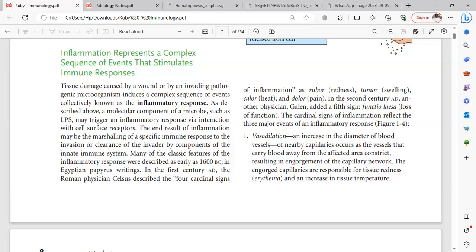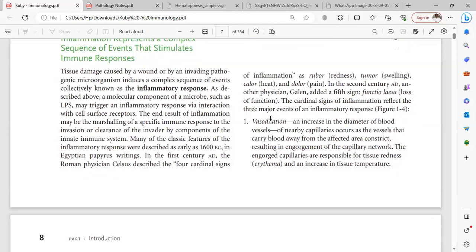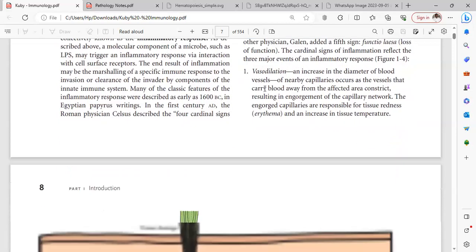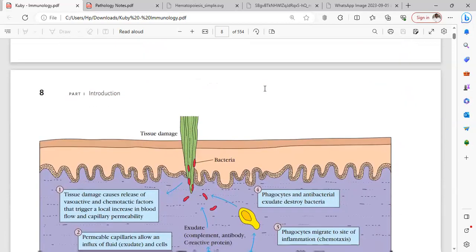So with vasodilation, the blood vessels increase in diameter, the capillaries near them swell, and as a result, it leads to tissue redness, which will raise the temperature. And we also see that heat is a second cardinal sign of inflammation.